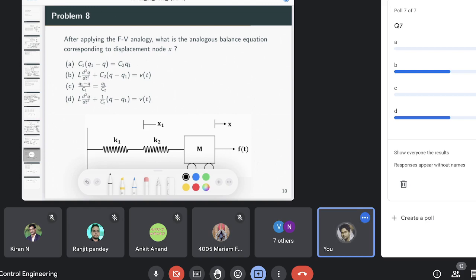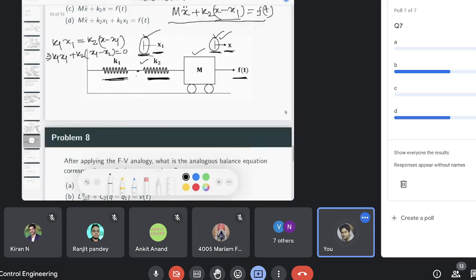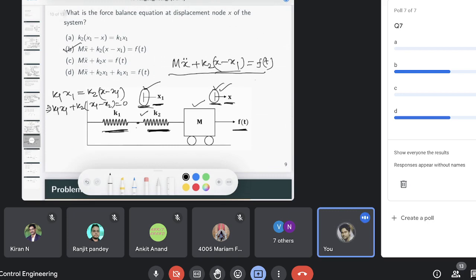So for example, here we have at this point x, you have a mathematical description, that is the second order differential equation. So you have to find what kind of second order differential equation you see in the electrical circuit with, instead of force, a voltage. Then you can find this analogy between this mechanical system and electrical system.